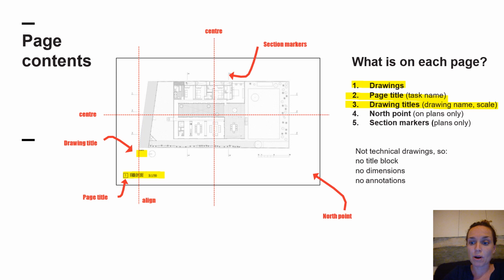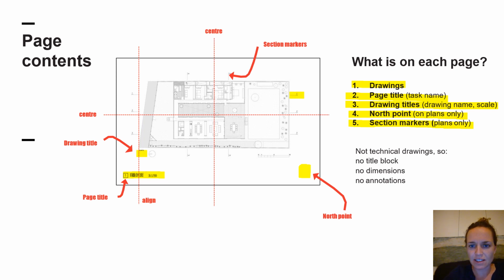The next thing you need to remember on your floor plans only is the north point. The north point should always face upwards on the page, and generally I put that over here. The final thing you need to consider are section and elevation markers, again on plans only.